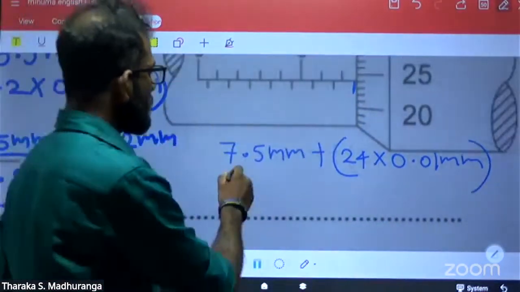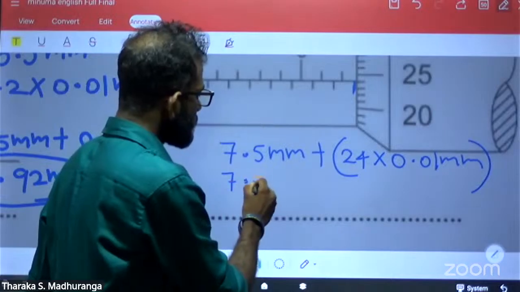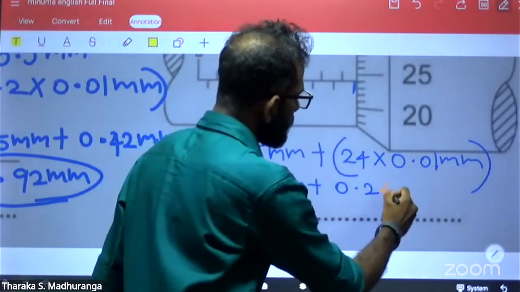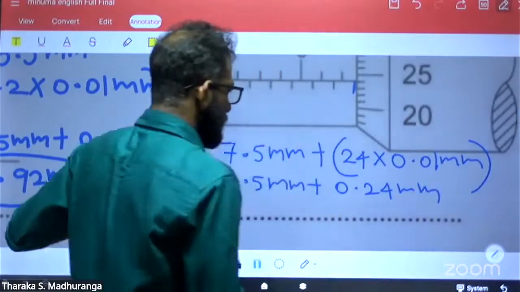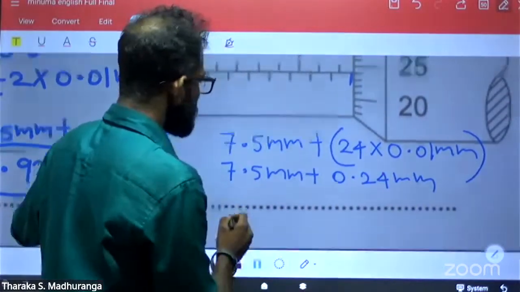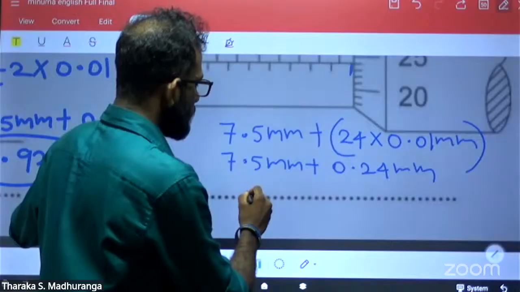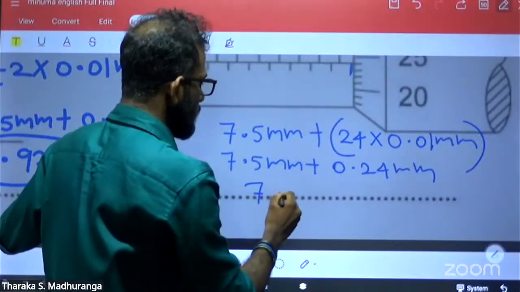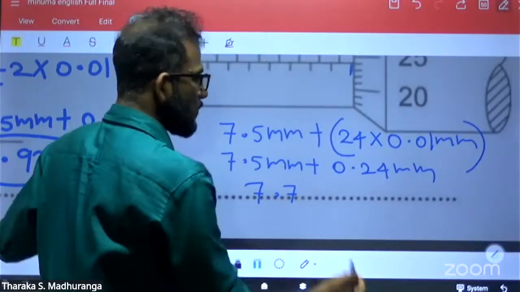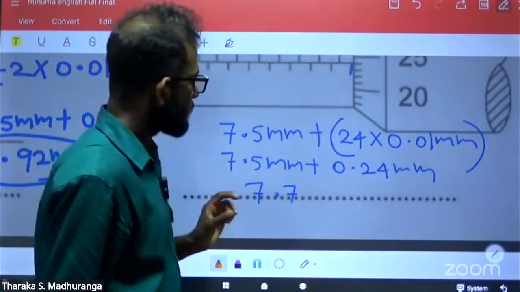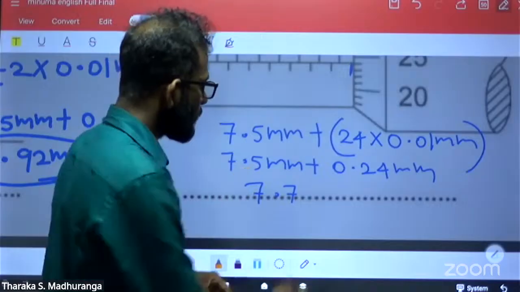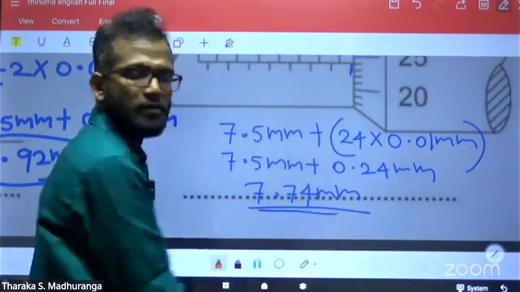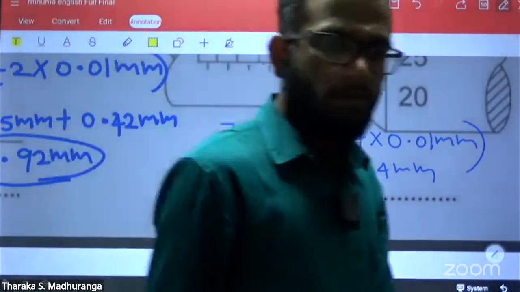Okay, 7.5 millimeter plus 0.24 millimeter. Then you can get the value 7.74 millimeter. Sandeep, where did you make the mistake?